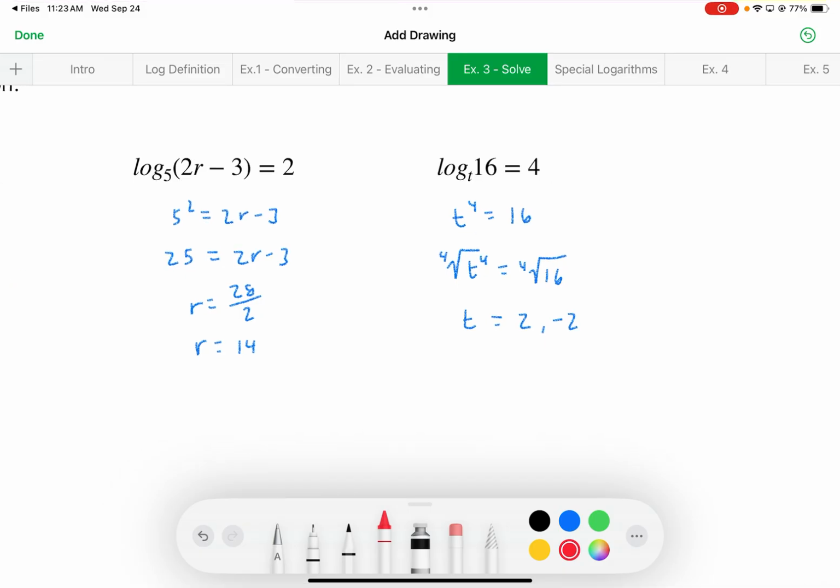However, if we go back and we look at our log definition, we said our base cannot be a negative number. So the -2 should be ruled out here. Okay, your base, in this case t, has to be a positive value, so we only accept 2 as a solution.